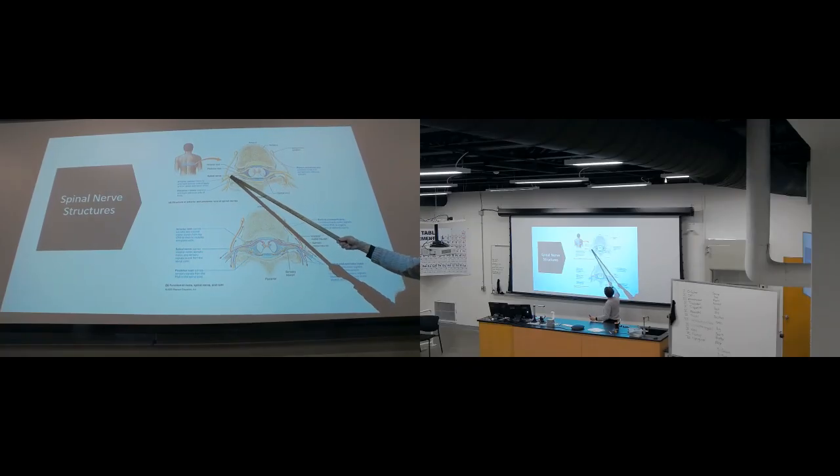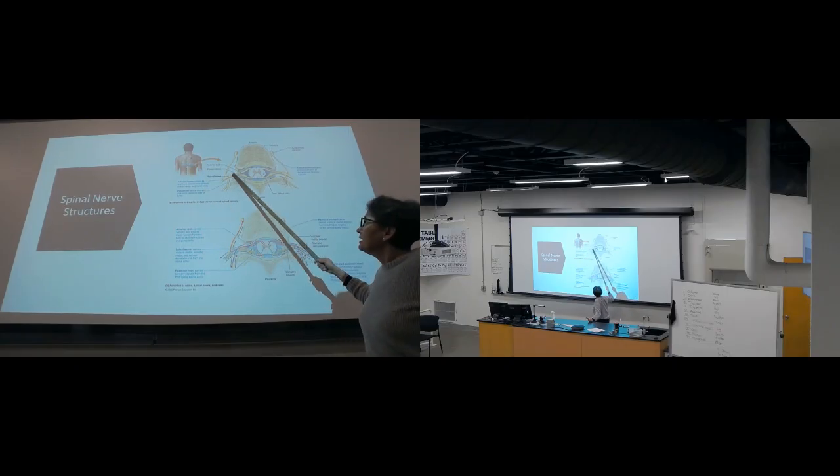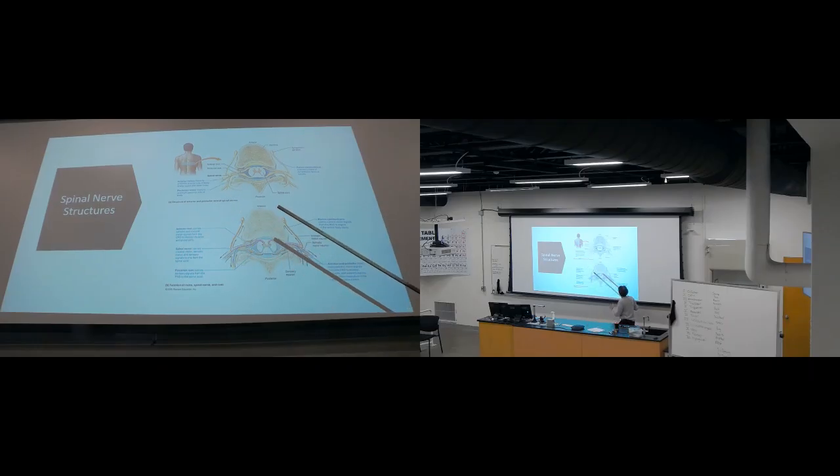And then they merge and form this spinal nerve. Then a posterior ramus goes and innervates this part of the body, and the anterior ramus continues its pathway to innervate the anterior and lateral muscles in your body.